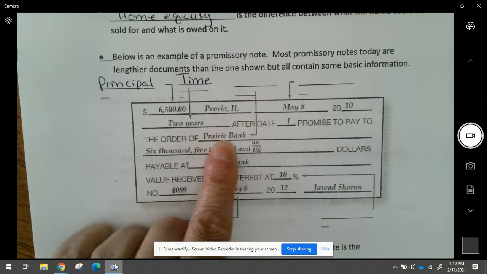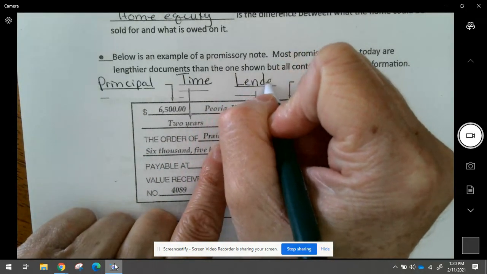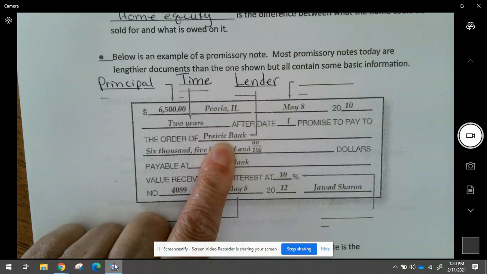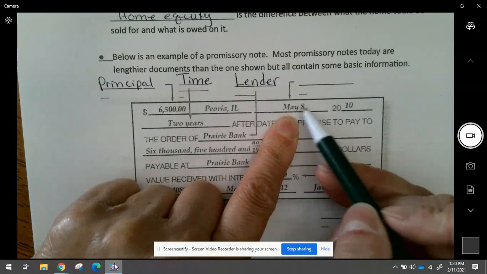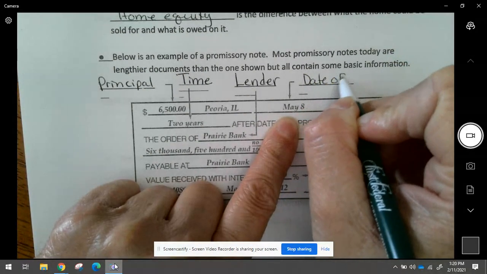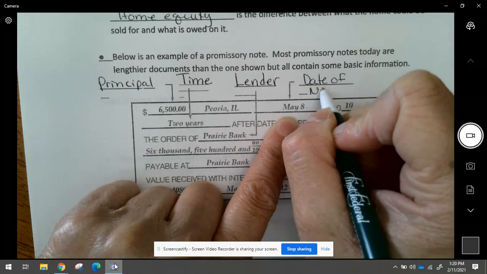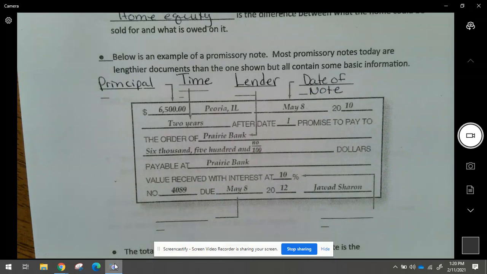This line is pointing to Prairie Bank, and they are the lender of the loan. This is the date of the note, May 8th, 2010. So this is date of the note. Down here, we have this line pointing to May 8th, 2012.